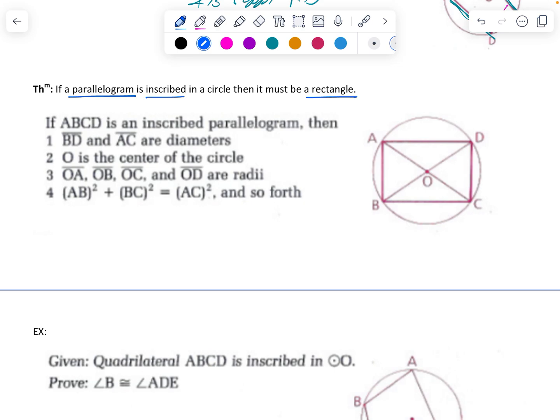If ABCD is an inscribed parallelogram, then AC and BD, these two diagonals, are diameters. And if those are diameters, and O is the center of the circle, all of these are radii, right?